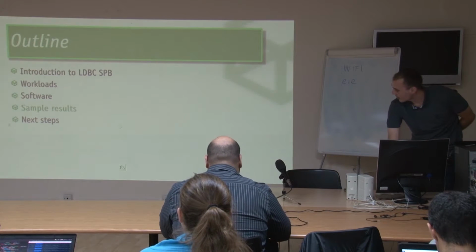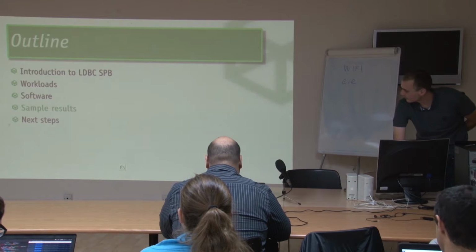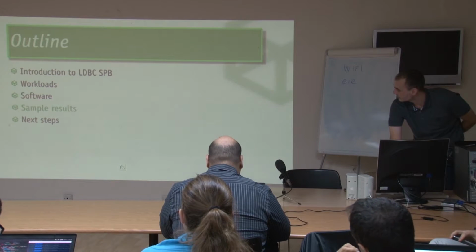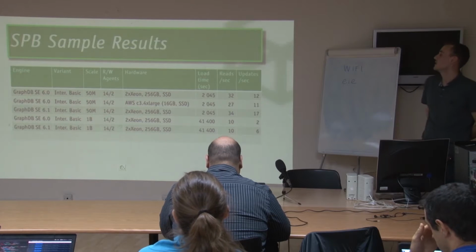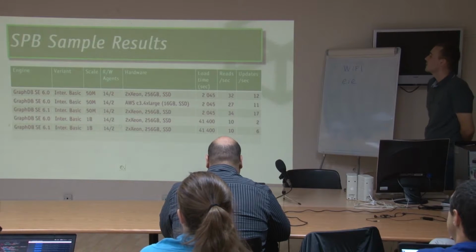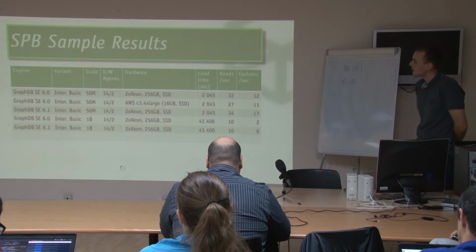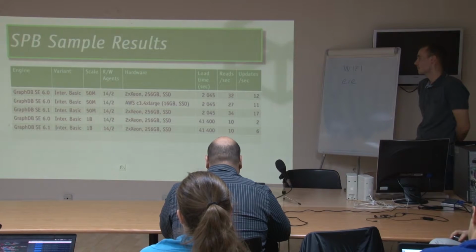We have some sample results that we have used to measure GraphDB. This is a triple store that Ontotext is developing. As you can see, we have started with GraphDB 6.0. The hardware used is more or less standard equipment for a server.